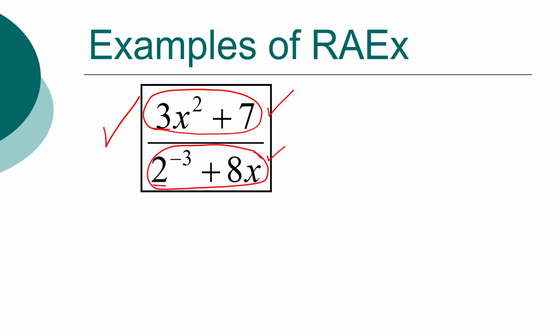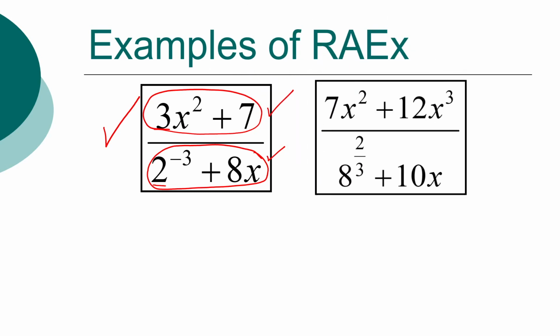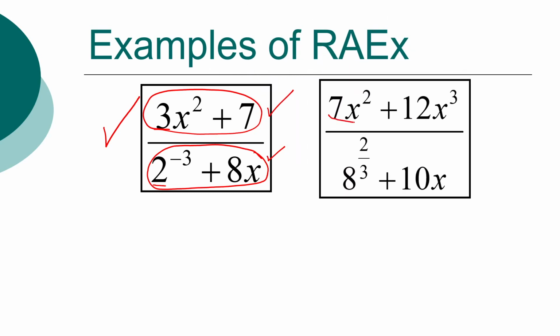Okay, now look at the second example. Is the numerator a polynomial? Look at the exponent of the variable, whether it is a fraction or negative. Section Glory, is the numerator a polynomial? Yes, sir.